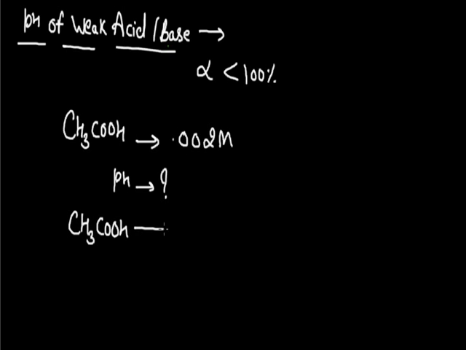This acetic acid undergoes the ionization process and gives one acetate ion and one hydronium ion, written as H3O plus cation. To calculate the pH, we require the concentration of hydronium ion provided by this acetic acid due to the ionization process.